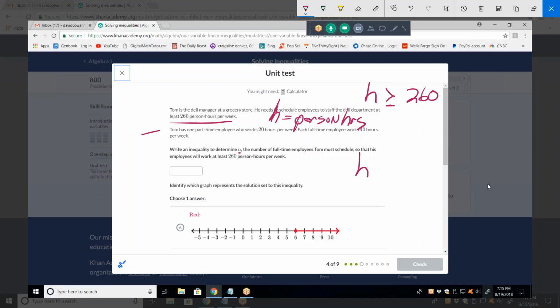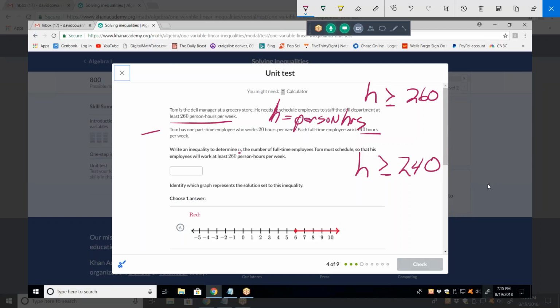So we need to schedule 240 person hours amongst 40-hour-a-week workers. How many people do I need? You need 6 people. Yeah.